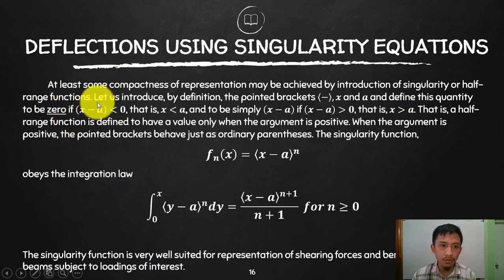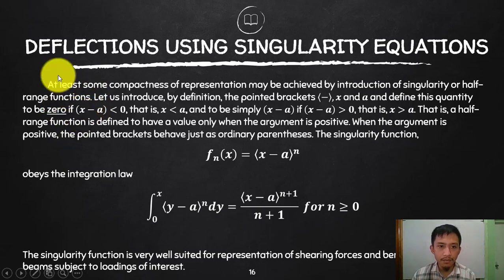We will not include the negative number; rather we will just make it 0. That will happen when your x is smaller than a, so that you end up with a negative number here. So if the value within the bracket is negative, then we can neglect it and just make it 0. We will not include it in our moment equation.